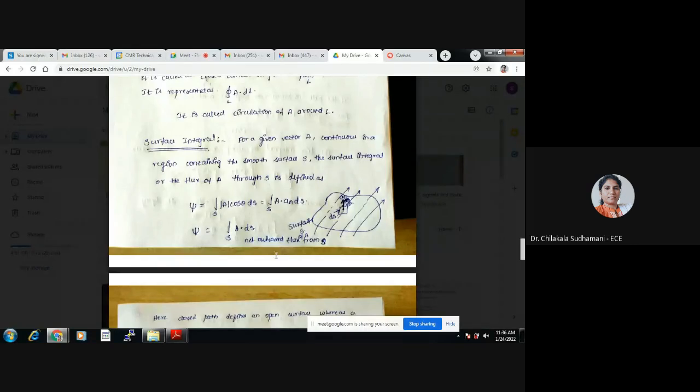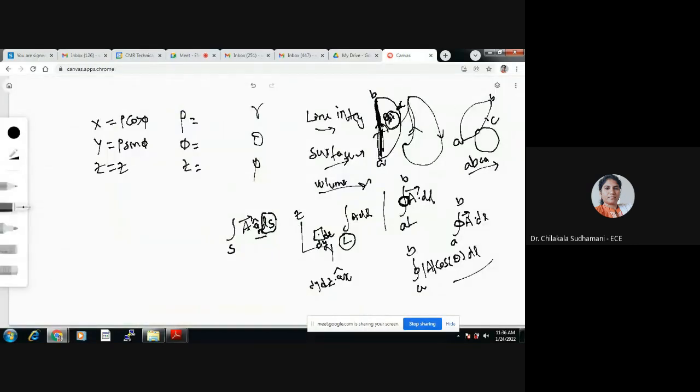What is A here? A is a vector, I said, right? So if it is a vector, you can write it as the surface integral of A bar, which I can write as mod A times cos theta, where the angle value is given as cos theta, into an cap ds. An cap into ds.